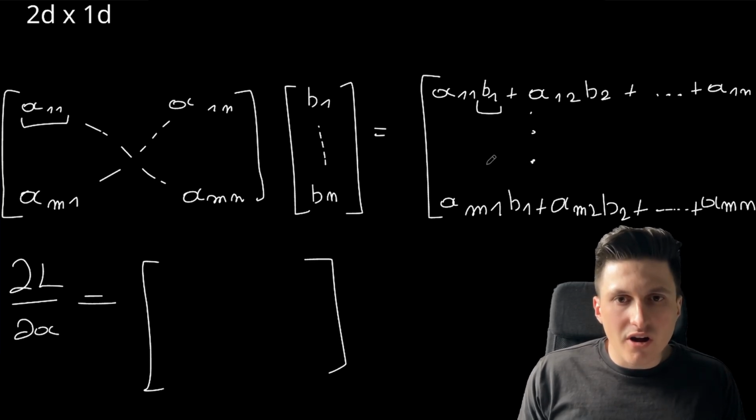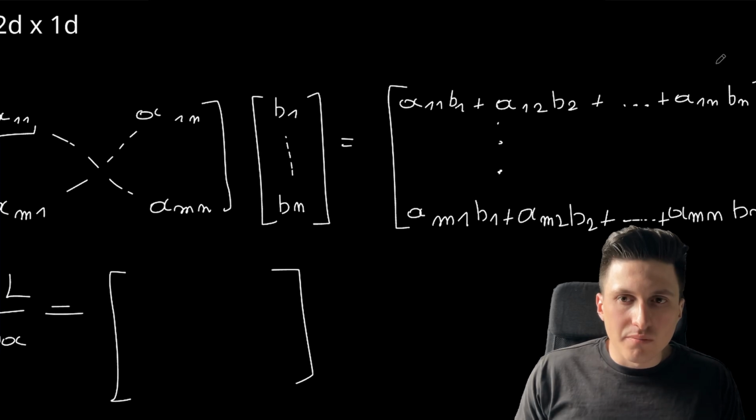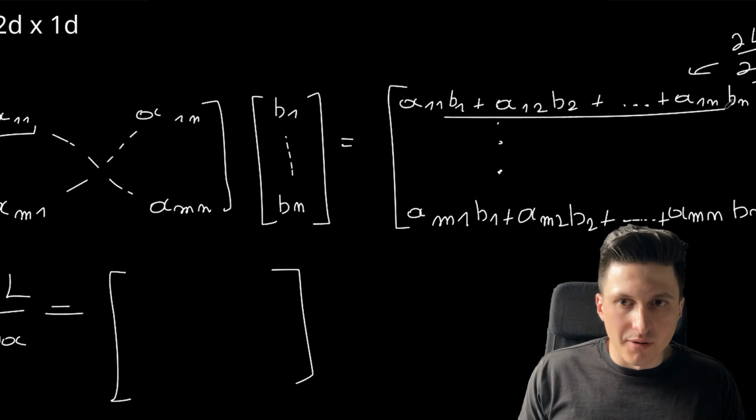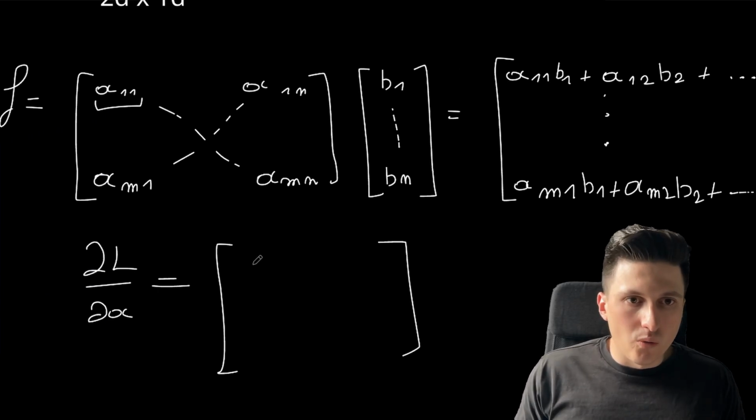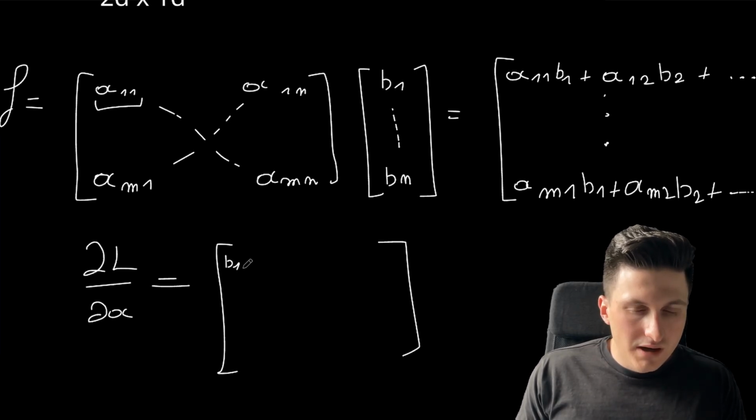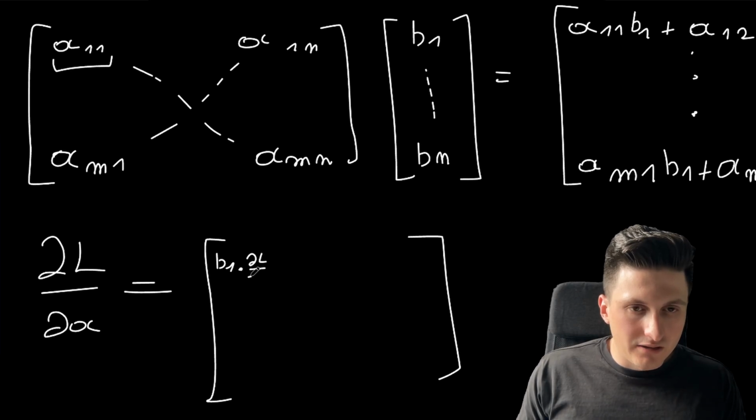So it influences the output with b1. And we also propagate the derivative of the loss with respect to the output of the first index. So the derivative for this specific element is b1 times the derivative of L to F for the first element.